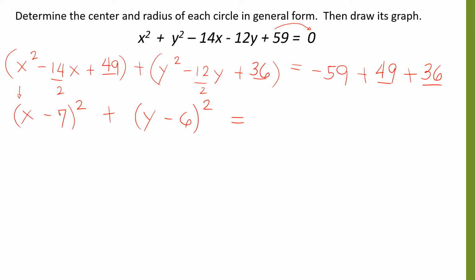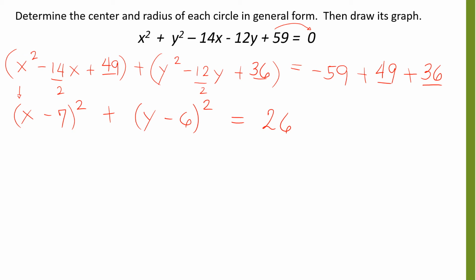What is negative 59 plus 49 plus 36? Well, negative 59 plus 49 is negative 10. And negative 10 plus 36 is simply positive 26. That means, what is our radius now?